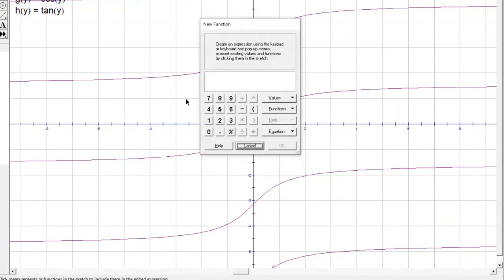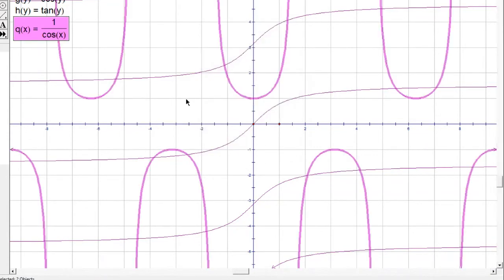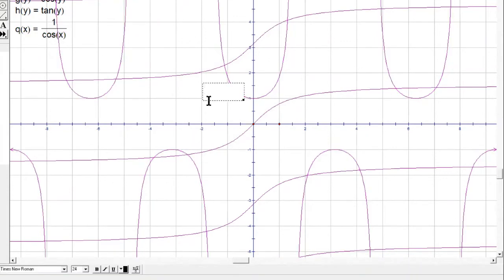Graph of inverse cotangent. Tangent x, is it really the tangent x flipped over? Oh, they didn't. Oh, wow. Did I put inverse? Okay, I'm going to use that later.